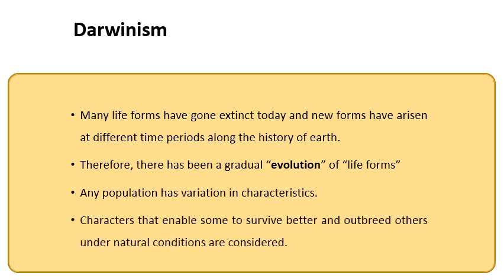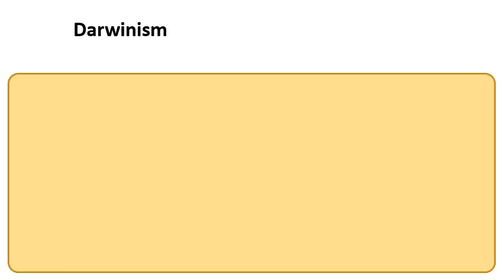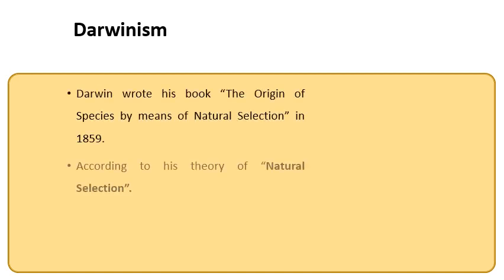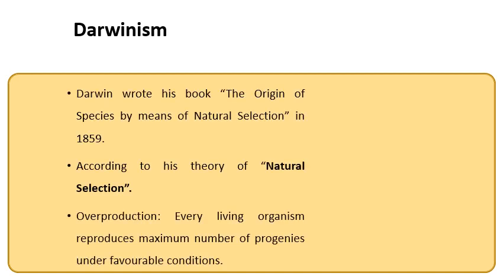Now let us know about the important postulates of Darwin. As I have told you, the first important postulate is overproduction. So what is overproduction?